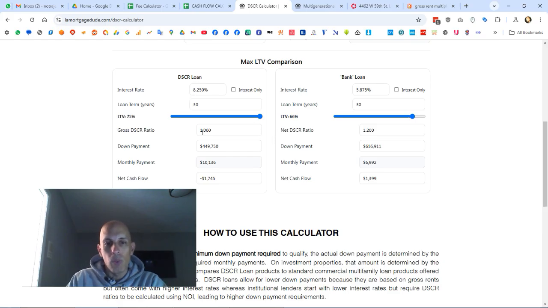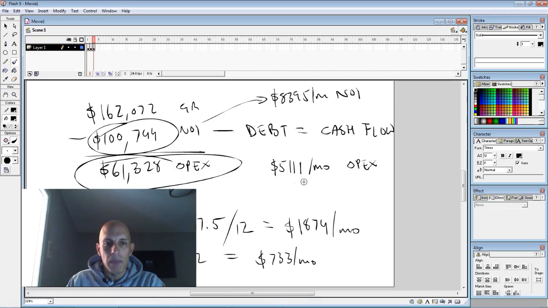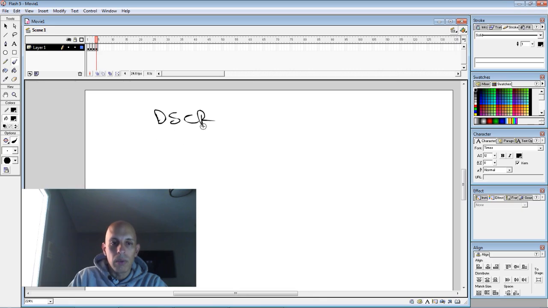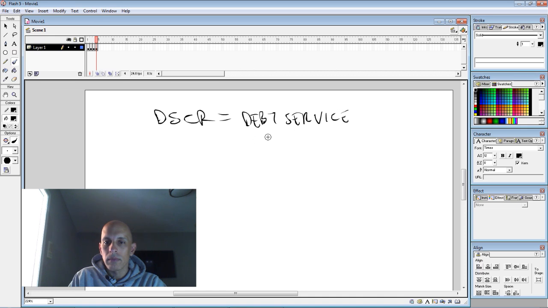So with a 1.0 DSCR ratio, and what that means is on a DSCR loan, DSCR, which stands for debt service coverage ratio loan.